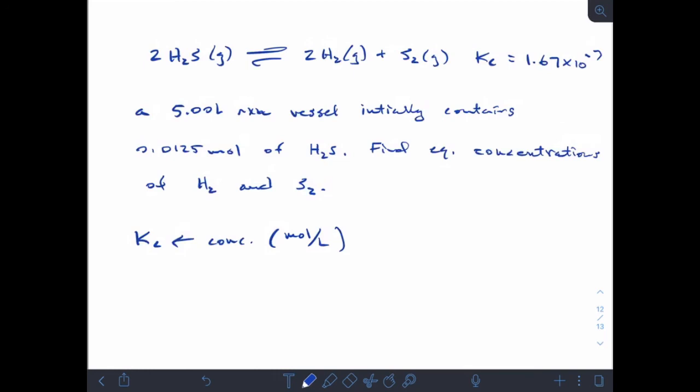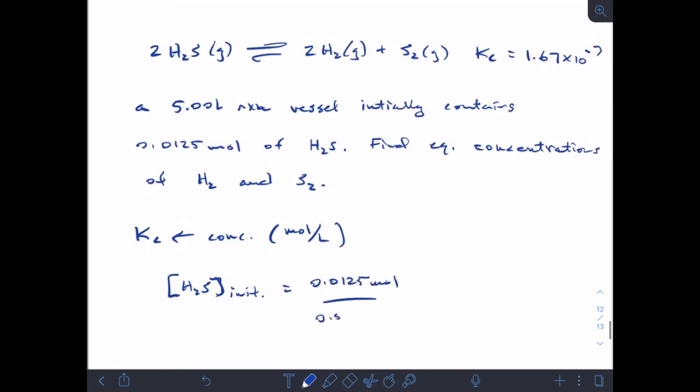I need concentrations. So my concentration of H2S initially is 0.0125 moles in 0.5 liters, or 0.025 molar. Right?